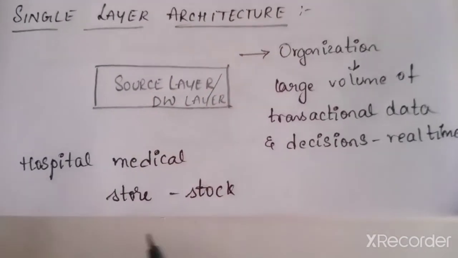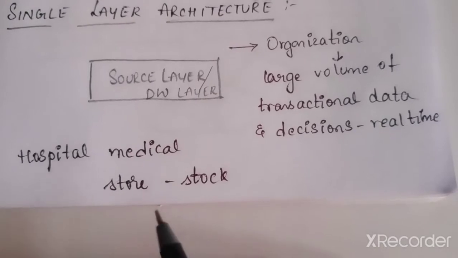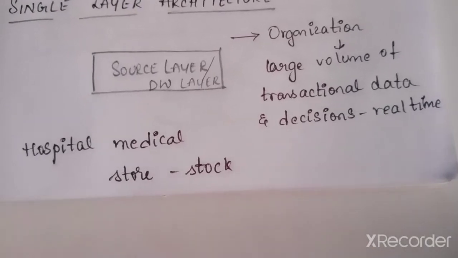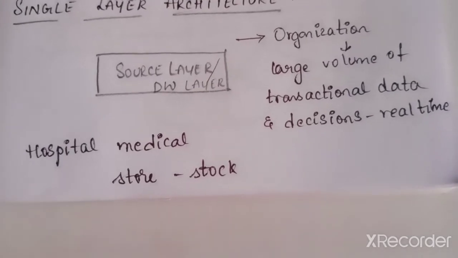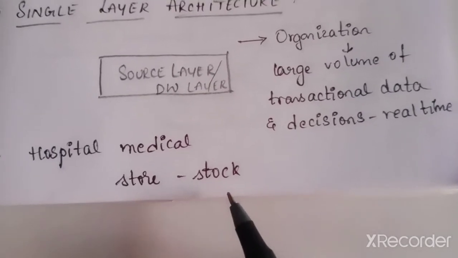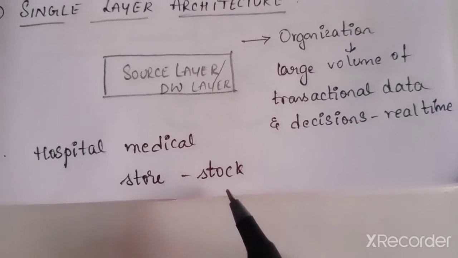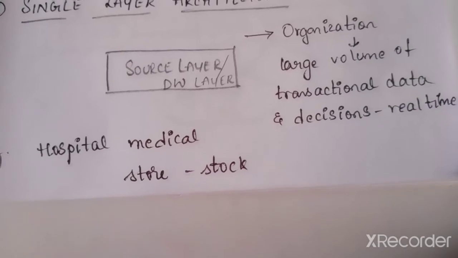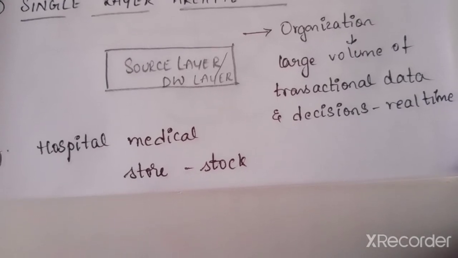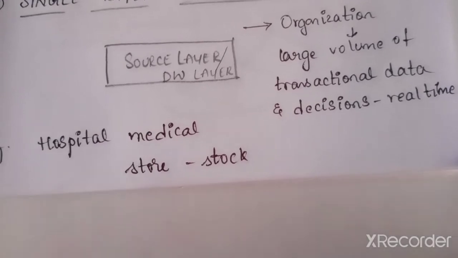For example, we can take the example of a hospital medical store which maintains its stock on a daily basis, and on the analysis of daily transactions, the order for fresh supply of stock of medicines is done on a real time basis.